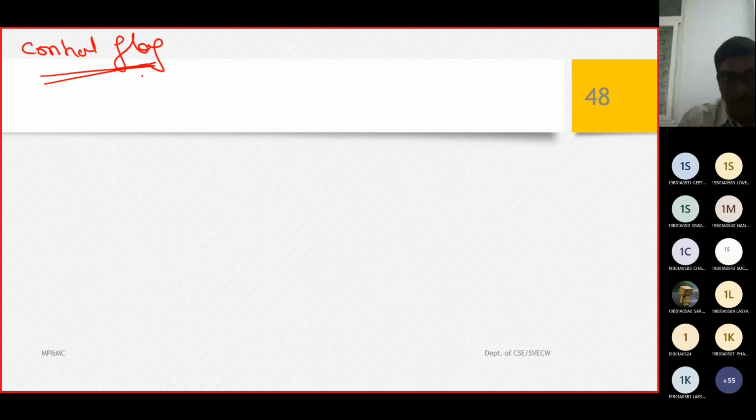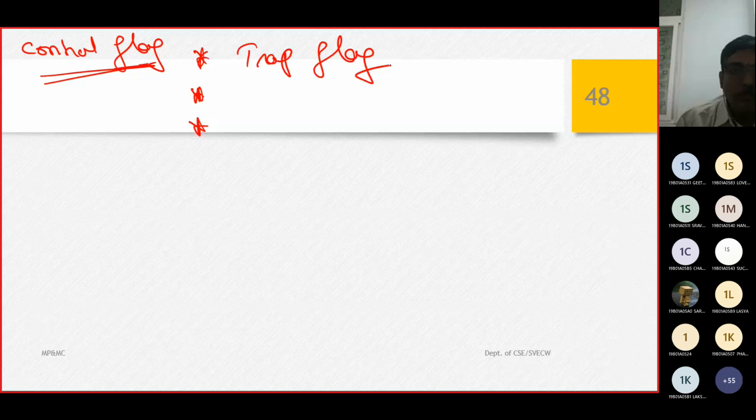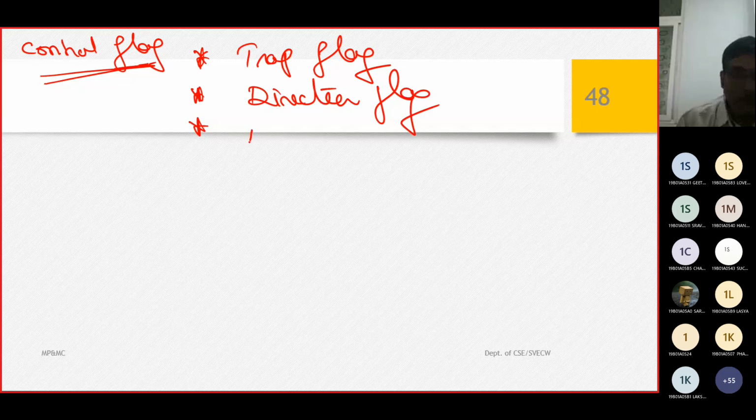These control flags are 3. One, we are going to call it as trap flag. Two, we are going to call it as direction flag. Three, we are going to call it as interrupt flag.